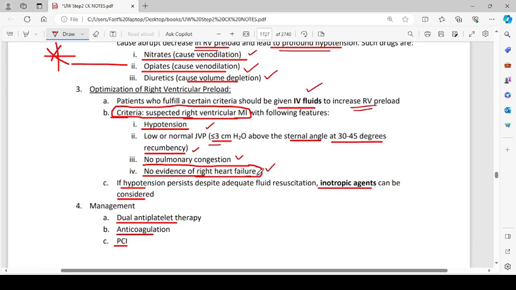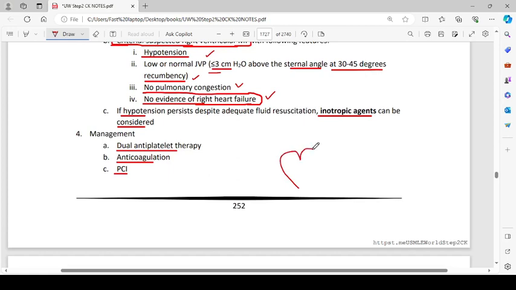The difference between infarction and failure is this: suppose this is the heart and this is a particular portion which has become ischemic, so that is the infarcted area. And if the whole heart stops contracting, that is systolic heart failure, or maybe it is so thickened or so stiff that it cannot fill properly, that is diastolic failure.